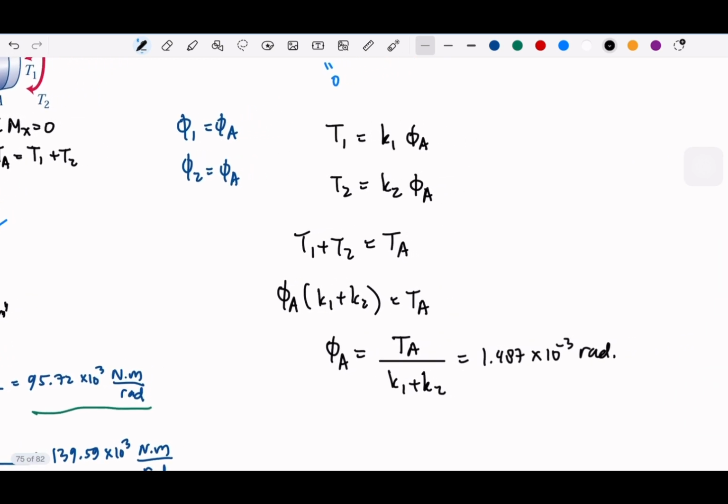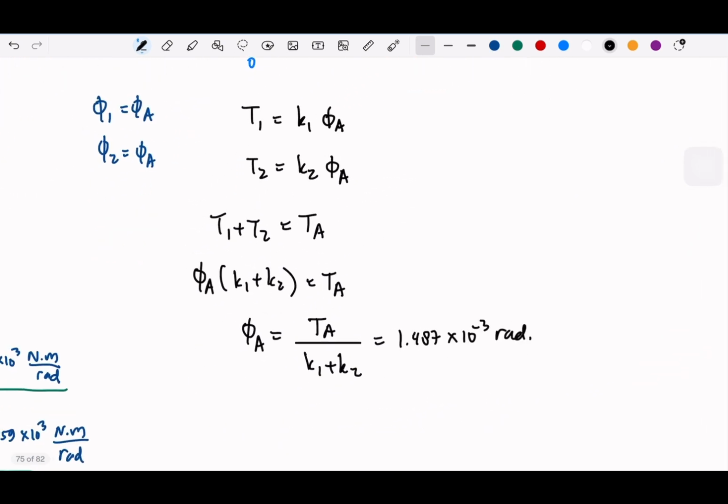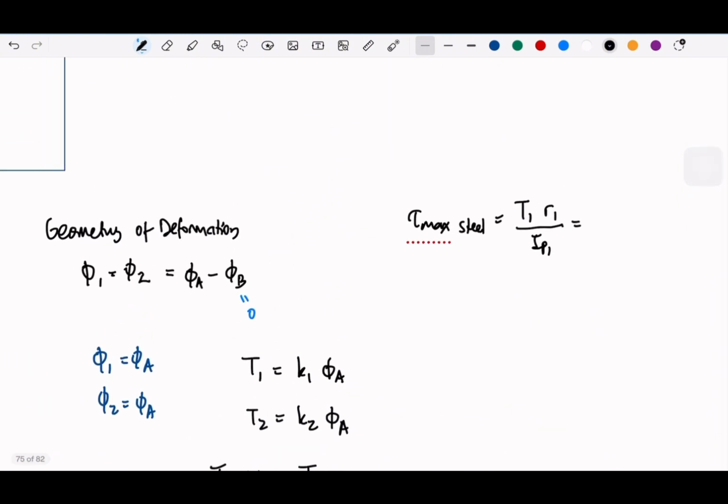But before that, we need to compute T1. So we have the twist angle at A, so T1 will be K1 times the twist angle at A. This will be equal to 142.37 Newton meter. And we also get T2, which is 207.63 Newton meter. Based on this T1 and T2, we can compute the tau max.